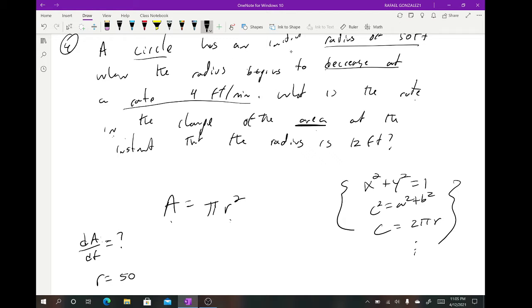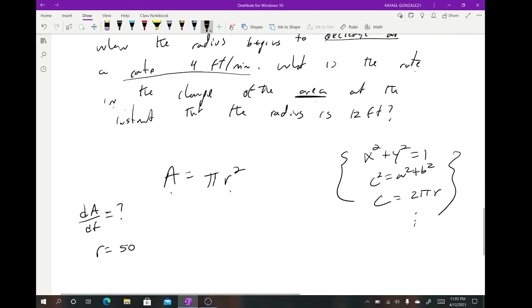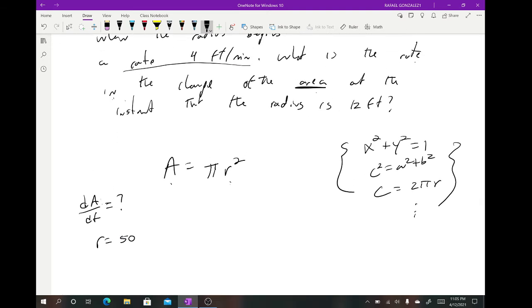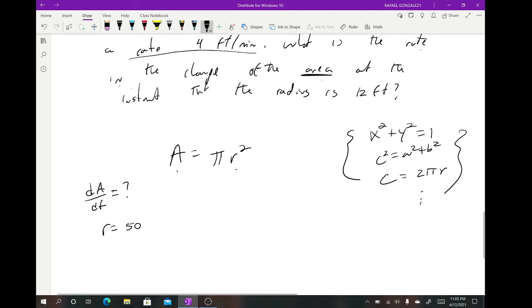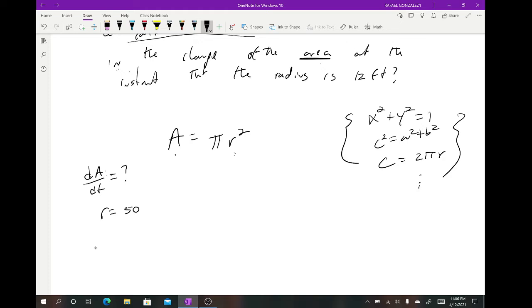That's the initial radius, 50 feet. And then I'm looking for when the radius, let me call this R2, is 12 feet. This is going to be R1.